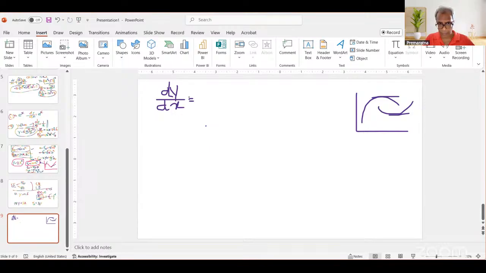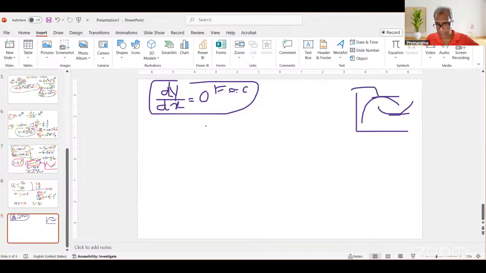We get the optimal point. That's what we call the first order condition of optimization. But still we don't know, because the first order differentiation equal to zero means it can be either a maximum point or a minimum point, because the slope is zero.